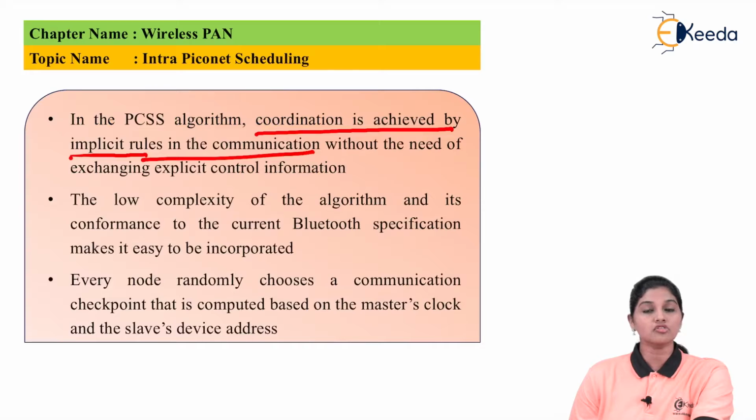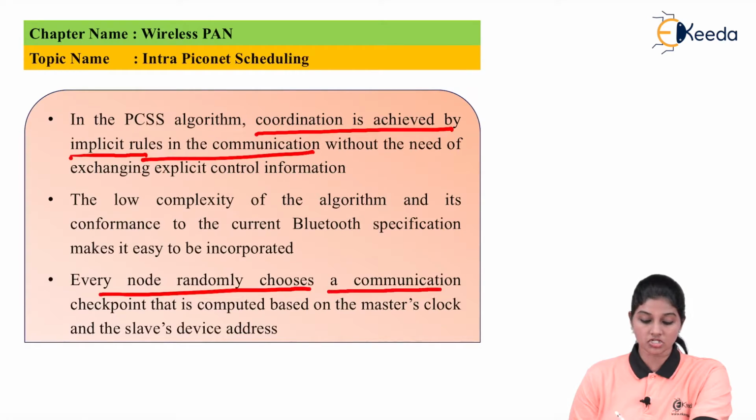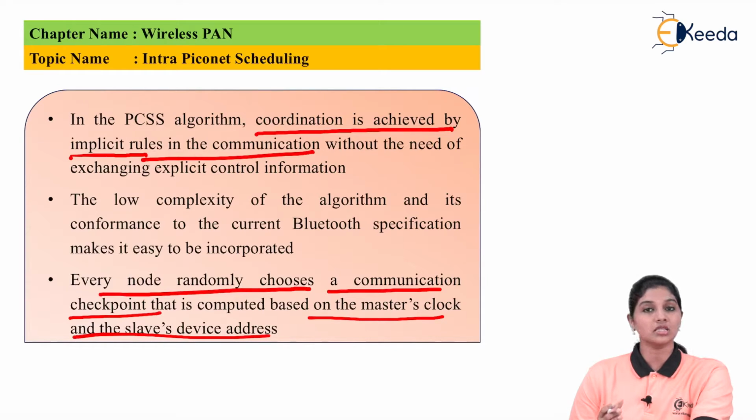Here, in the PCSS algorithm, every node randomly chooses a communication checkpoint, which is computed on the basis of the master's clock and the slave's device address. By using these two parameters, the checkpoints are calculated randomly for the polling scheme.